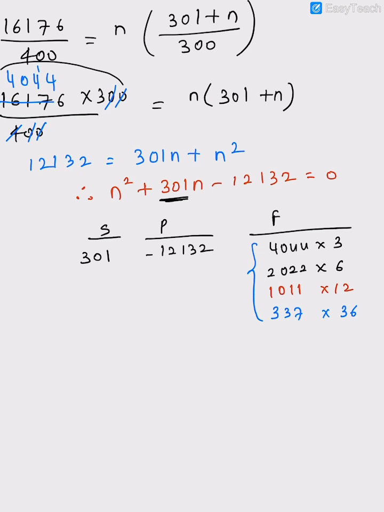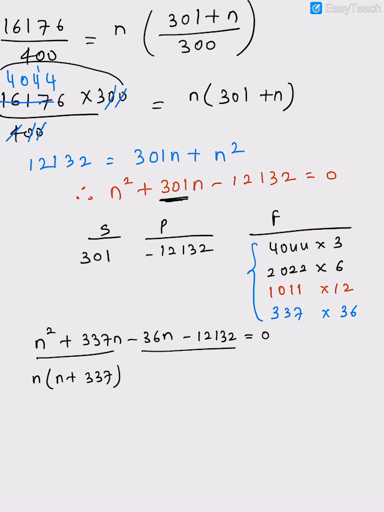So now what do we write? n squared plus 337n minus 36n minus 12132 is equal to 0. Now start grouping: the first two terms and the next two. Here n is common, so n in brackets n plus 337, minus 36 is common, again n plus 337 is equal to 0.